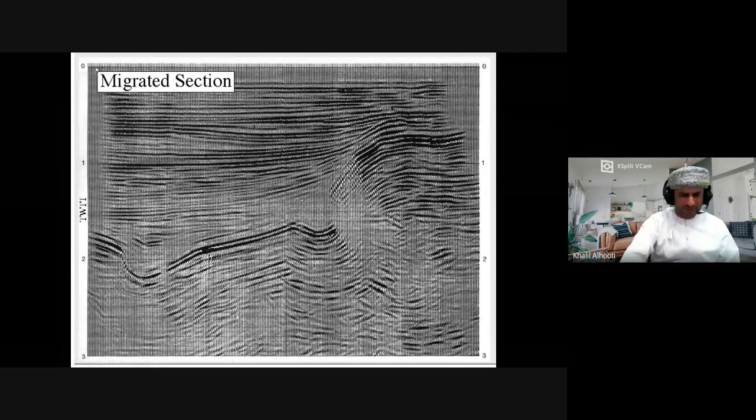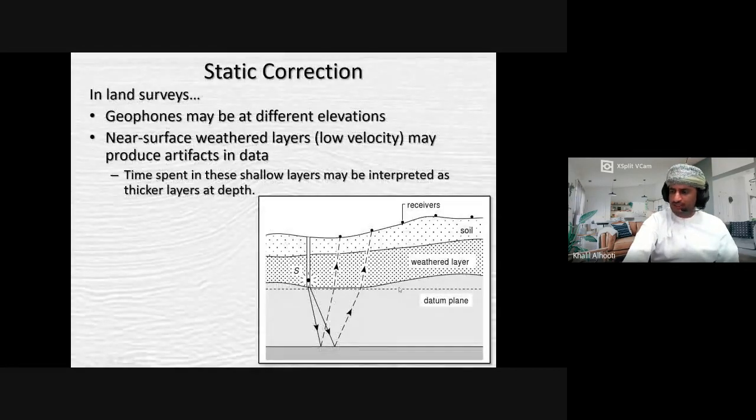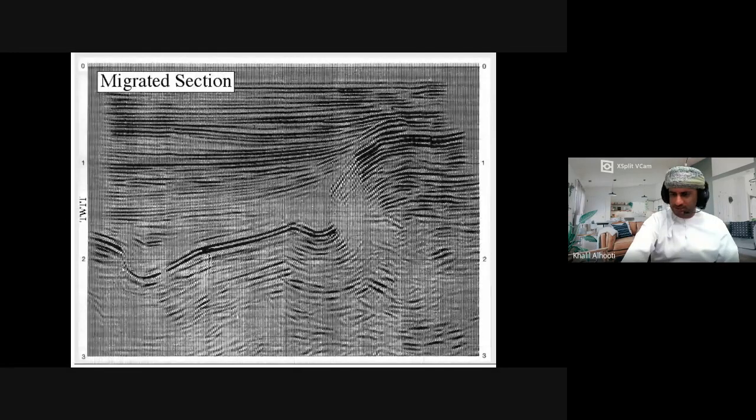In Oman, usually they use something like 400, and sometimes 150 meters, in the southern and central part of Oman. So there is a datum. Actually, in your seismic data, if you find a lot of glittering, a lot of discontinuities, it means that the data were not corrected for static.